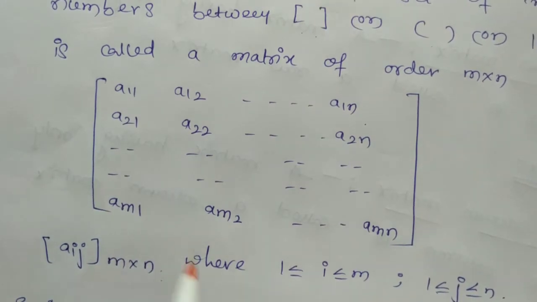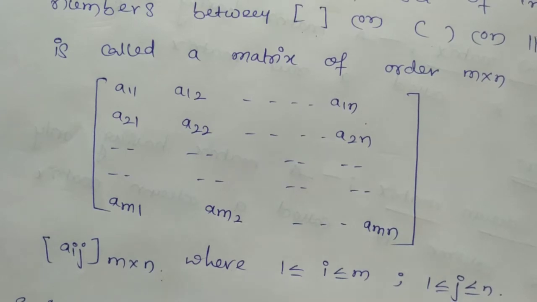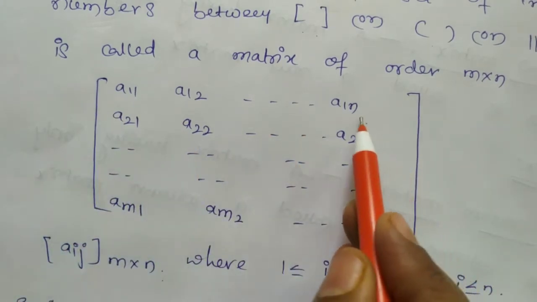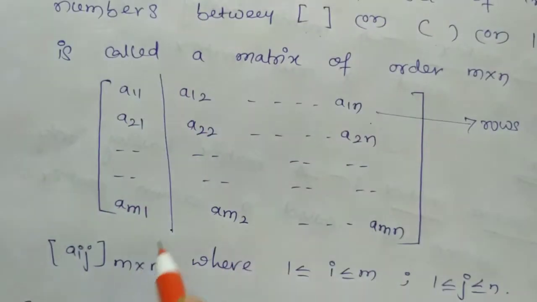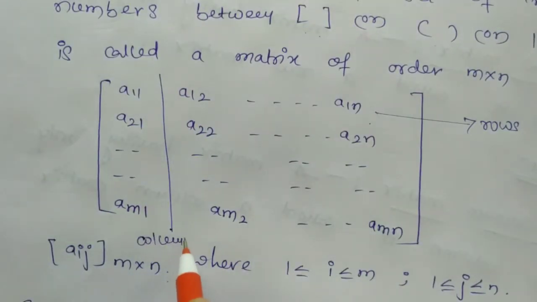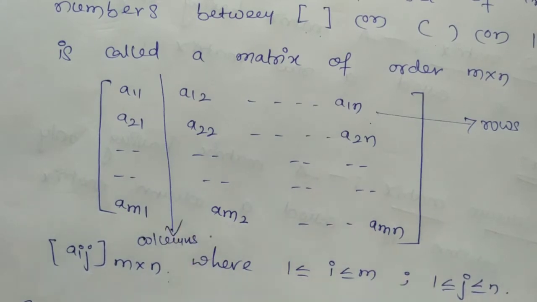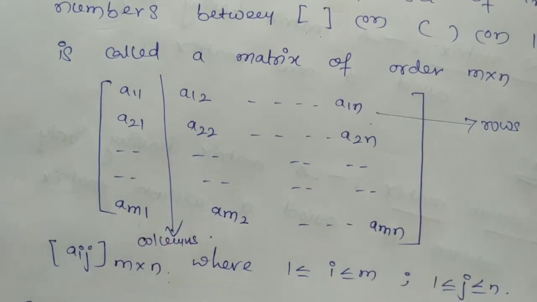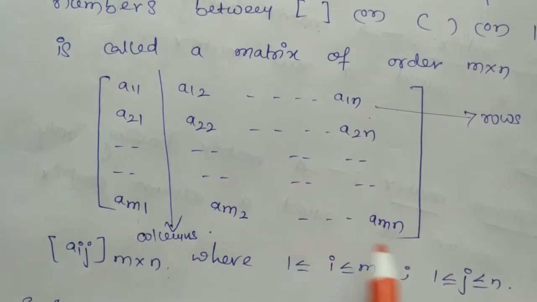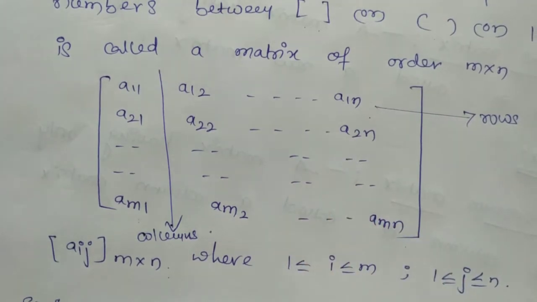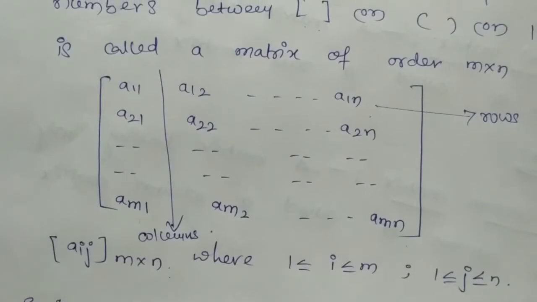The number of elements in a matrix is determined by the number of rows and columns. The horizontal lines are called rows and the vertical lines are called columns. Here there are m rows and n columns, and m by n is the size of our matrix.